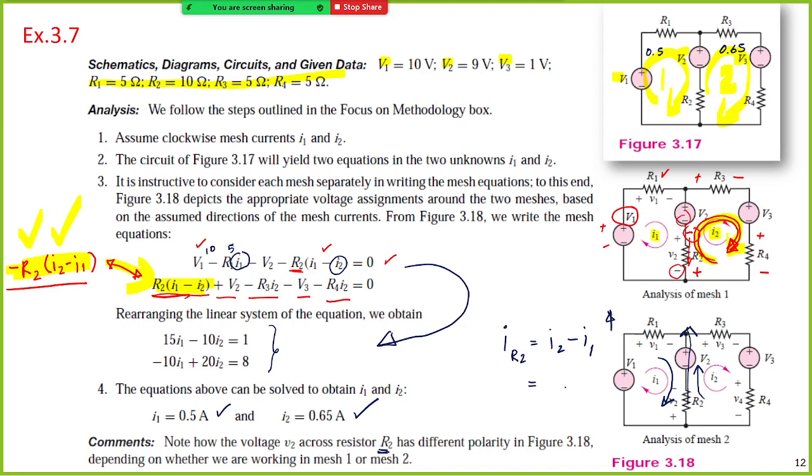It will be 0.15 here. So we know all the currents: this is 0.5, this is 0.65, and this current is 0.15. This satisfies the KCL at this node also.